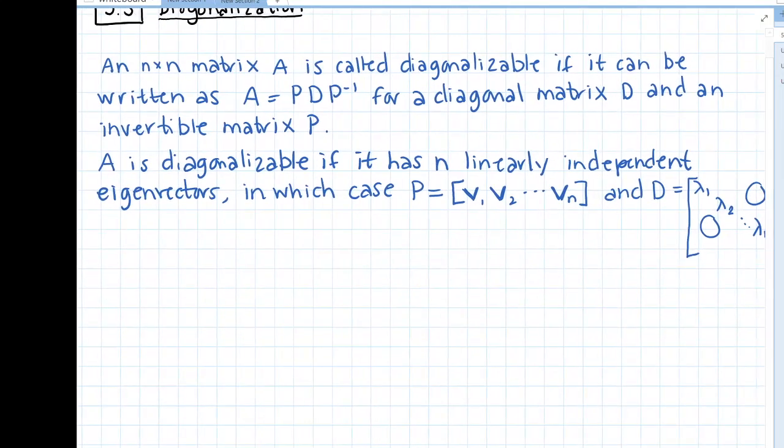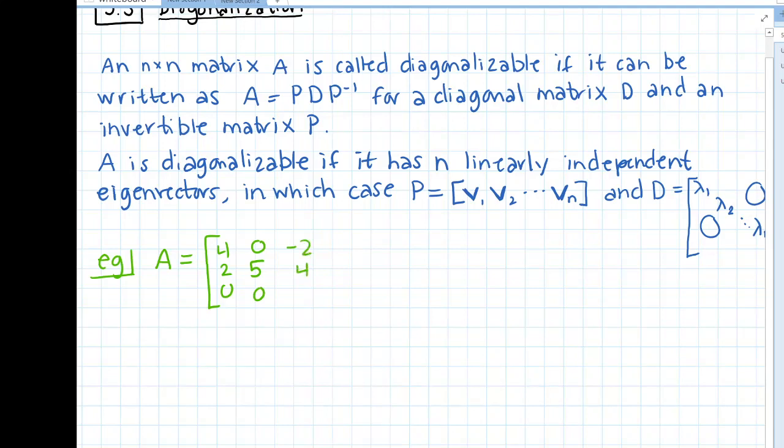Okay, so let's go through an example of this. We're going to diagonalize the matrix with rows 4, 2, 0; 0, 5, 0; -2, 4, 5.